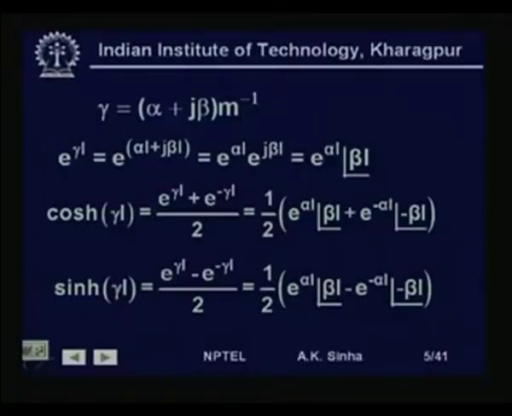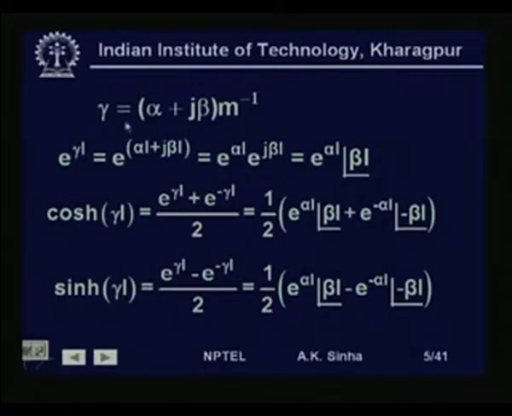Now, here the term gamma is what we call the propagation constant of the line, and gamma in general will be a complex quantity, that is gamma is equal to alpha plus j beta. Its dimension will be per meter. In fact, the dimension of gamma L will be dimensionless.